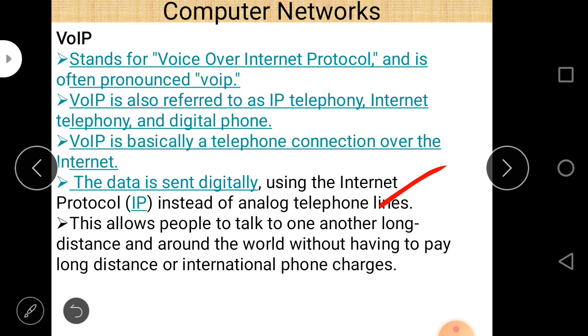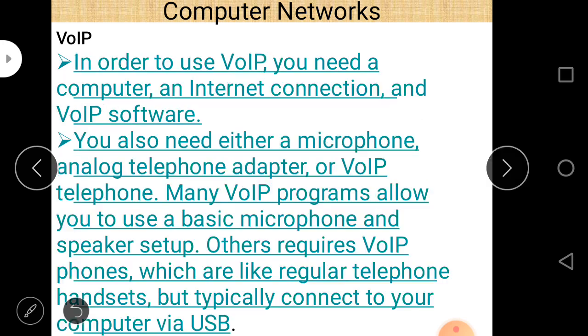So the package is complete as far as VoIP is concerned. All these five points should be your answer whenever VoIP is asked.